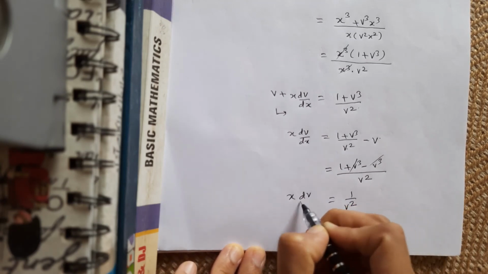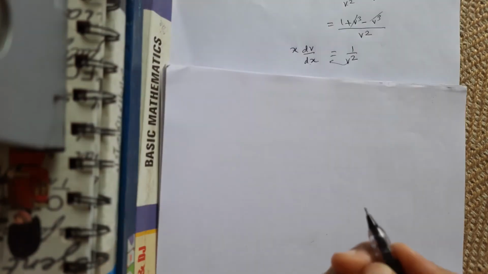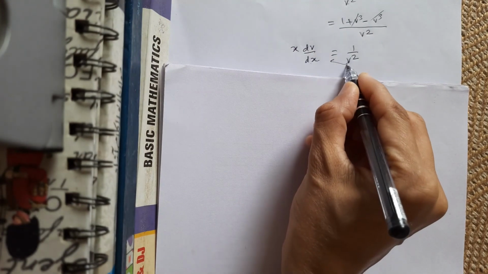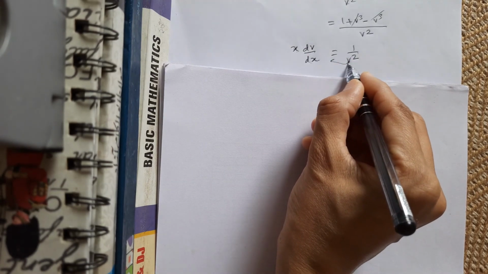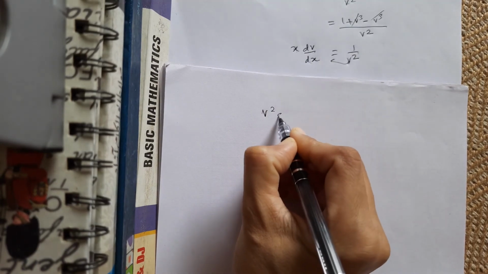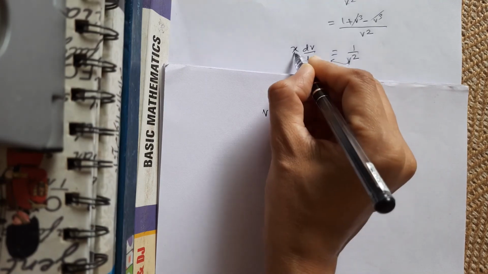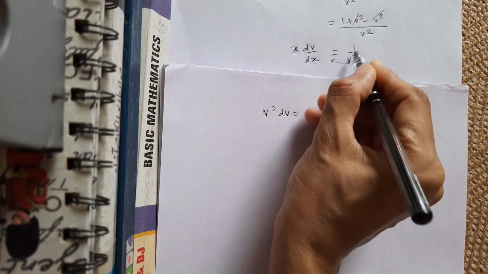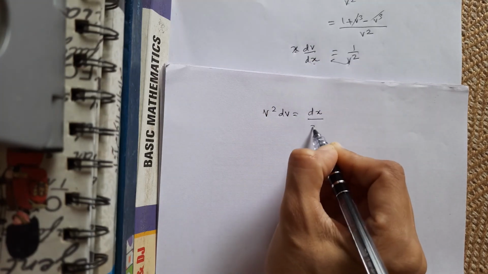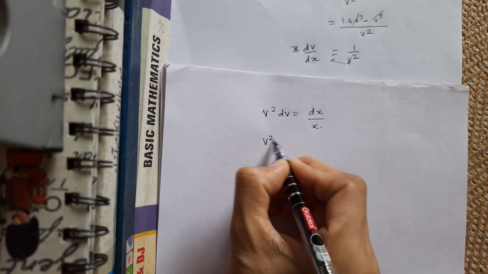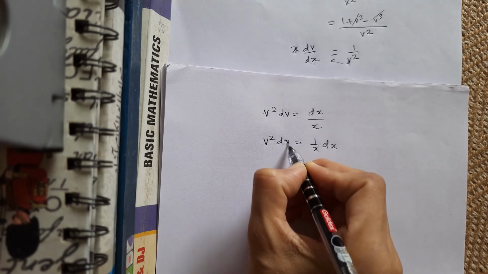Here I have x dv/dx. Now take this v² to this side and dx to this side, and x to the other side. So v² dv = (1/x) dx.